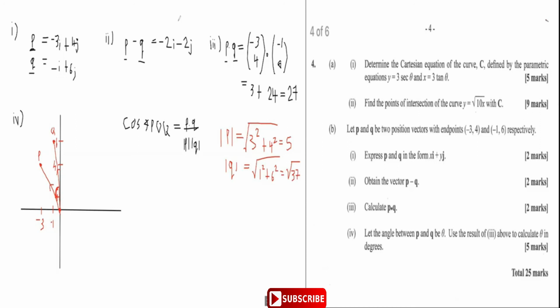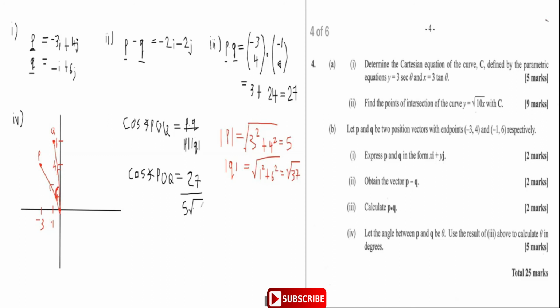All right, so now we can go ahead and find this. The cosine of angle POQ is equal to p dot q, which I think was 27, over the norm of p, which is 5, times the square root of 37.